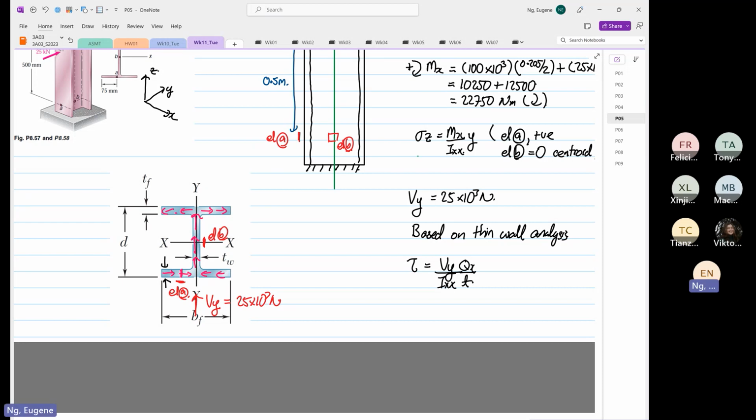So we can get the information over there. And what we conclude over here is that element A is not equal to 0. Element B will be equal to the shear max. Okay, so you have to be very cautious over here when we apply thin wall analysis.